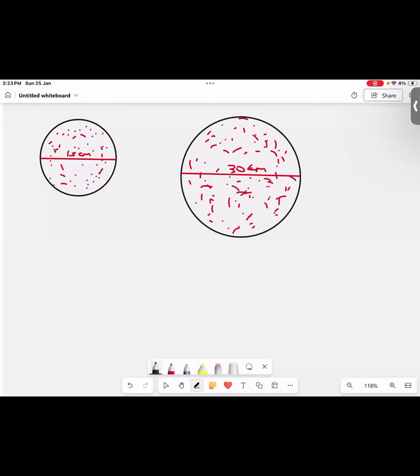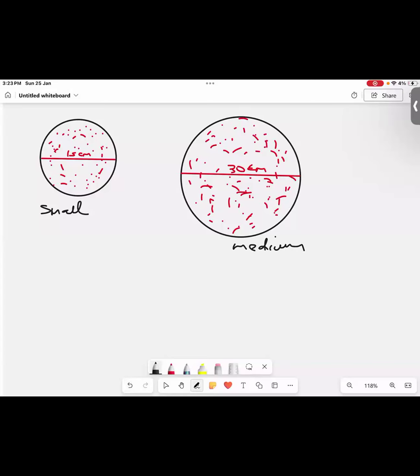Now it said that this is called the small and this is called the medium. And the question was, is a medium pizza twice as large as a small one? That was the question. Now let me get some opinions. What do you guys think?